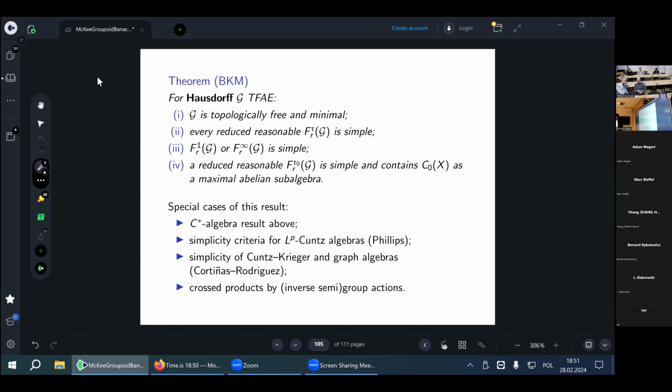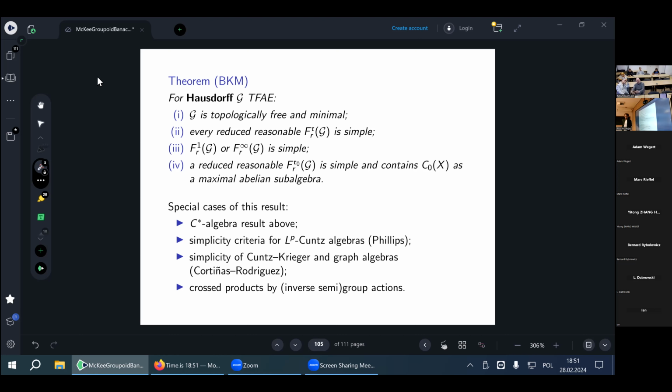I have another question. How functorial is this construction with respect to the groupoid? That's a good question. That's one I'd like to know. What about Zakrzewski morphisms? In the classical case, the C*-algebra of the groupoid, the convolution C*-algebra, is a functor with respect to Zakrzewski morphisms between groupoids.